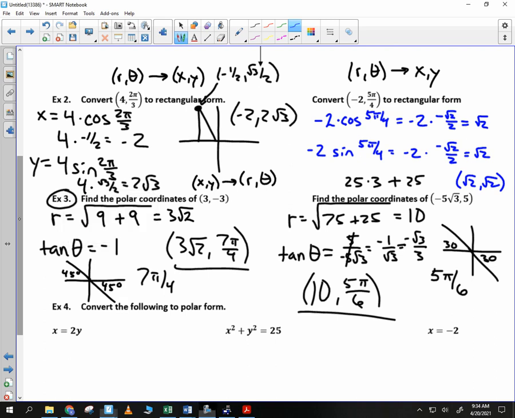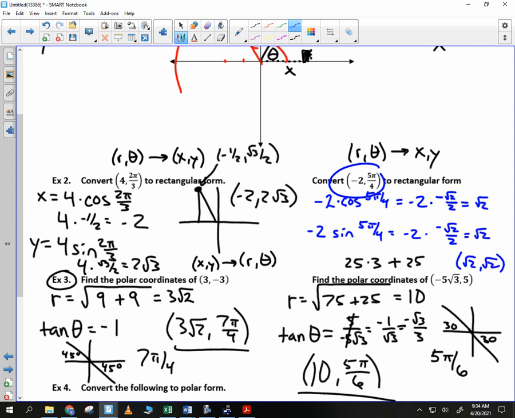Now that's interesting because if you would go back and plot this right here, notice you get 5 pi over 4, which is going to bring you to about right there, isn't it? But then the negative 2, because the radius is negative, what do I do? I go in the opposite direction. So which quadrant do I end up in? The first quadrant. So does that look like it could end up being the root of 2, root of 2? Sure does. Notice that it's a little bit misleading because it's got a negative there and then my final answer doesn't. But that's what happens in that situation.